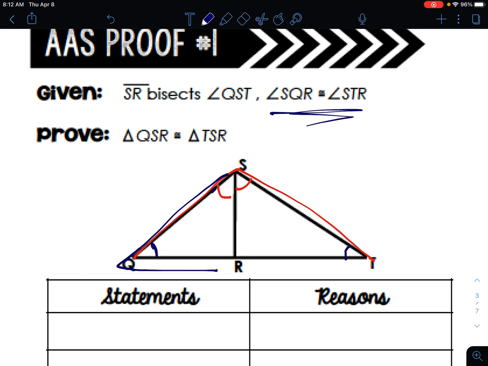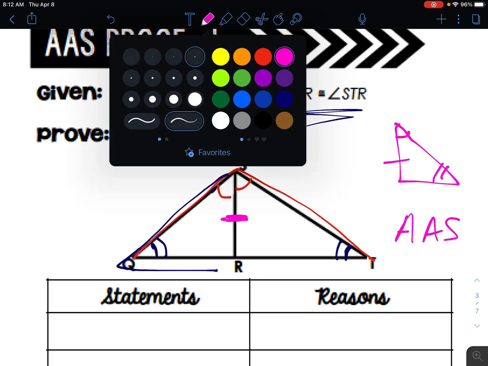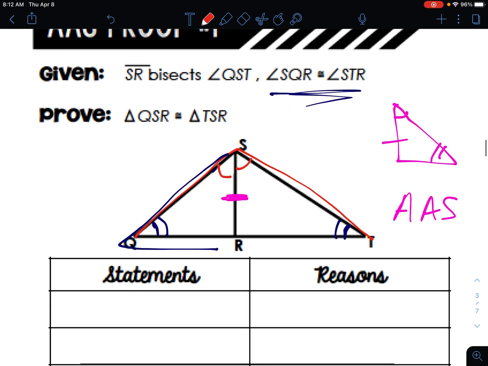Follow the line, SQR, and STR is this one. Those two angles are congruent because that was given. And then our good old friend, the reflexive property, shows up on this one. So we got 3 bits of information. It is 2 angles and the non-included side, so that is angle, angle, side.